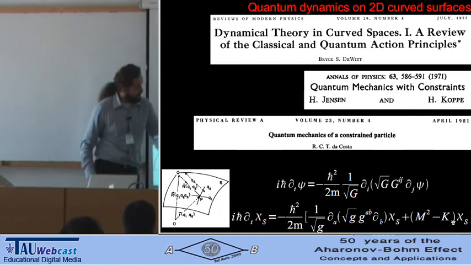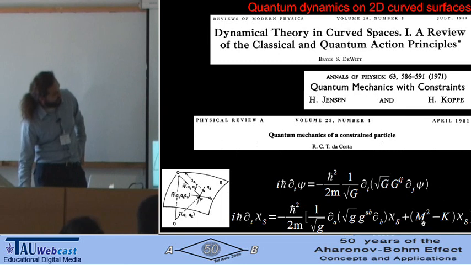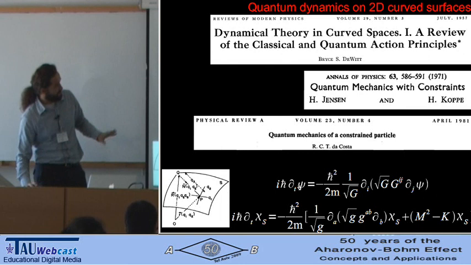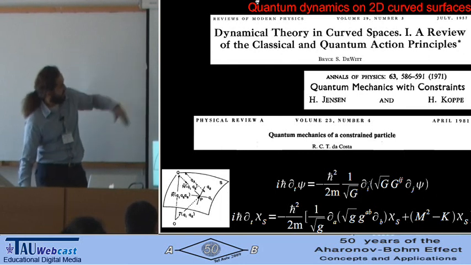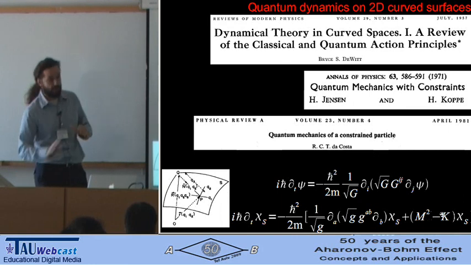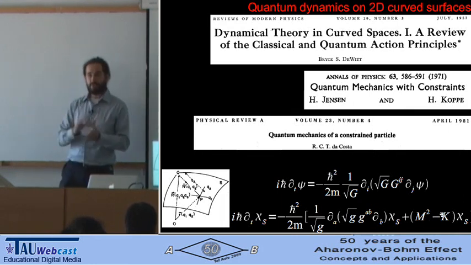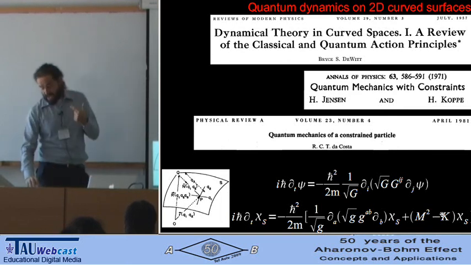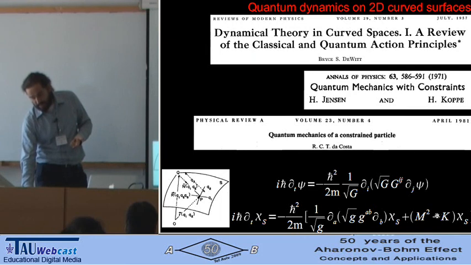So this last term here in the corner, this is the Schrödinger equation, the normal Schrödinger equation, including the metric tensor, but it's just the Schrödinger equation. Then you reduce it to a two-dimensional surface by a formulation explained in these papers. And what you have is an effect due to the curvature of the surface. This is true for the dynamics on a curved surface without fields applied.